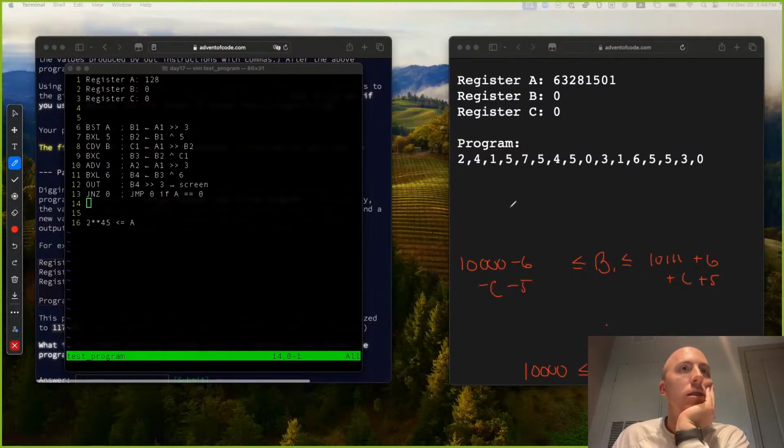And so we start off with A, and we say that B1 is equal to A bit shifted over by 3.